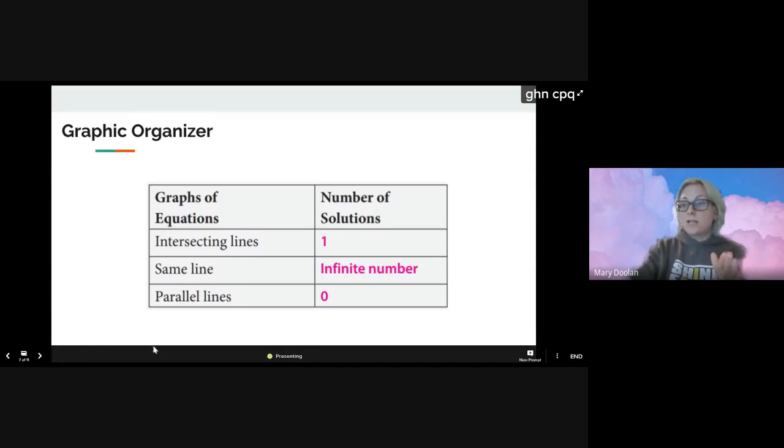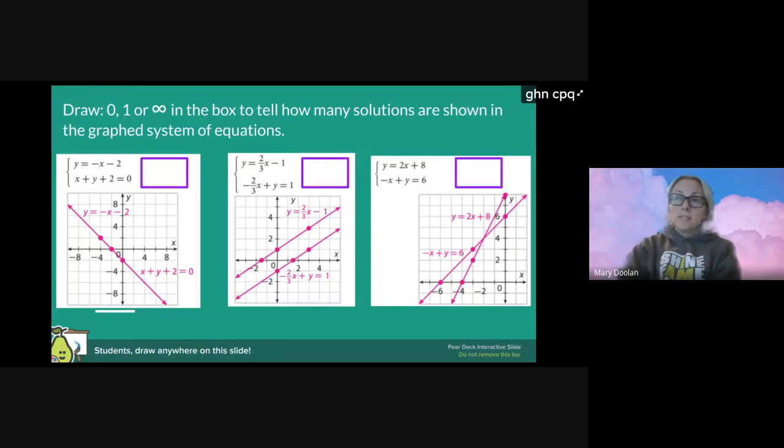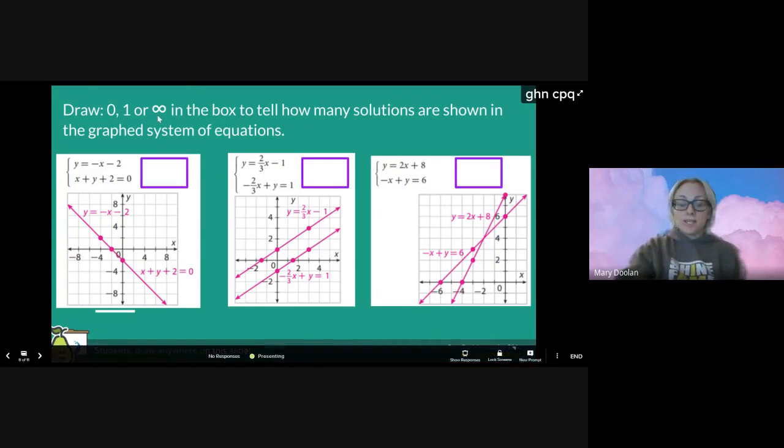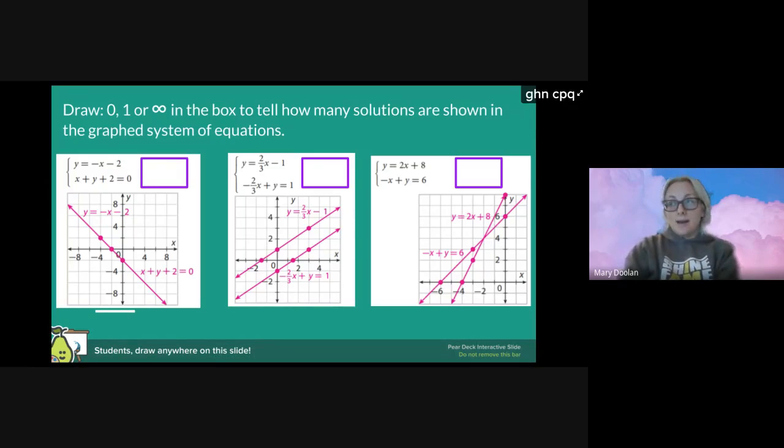Your next slide is based on that. So this is another interactive slide for you. You're going to draw 0, 1, or this sideways looking 8, that's the infinity symbol, in the purple box to tell how many solutions are shown in the graphed system of equations. So right now you don't have to actually take each system and graph it.